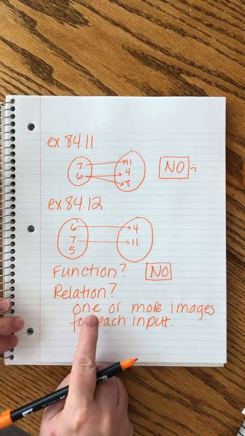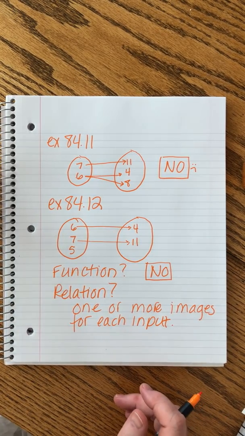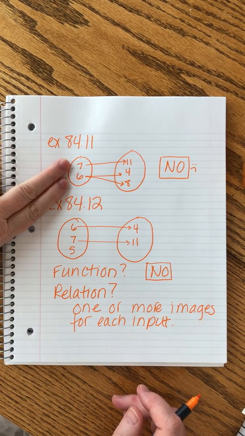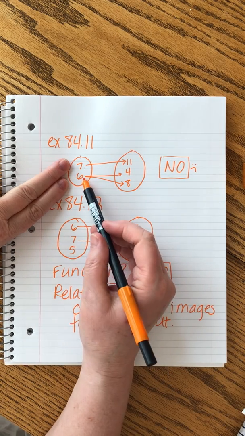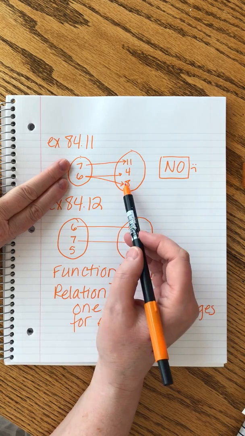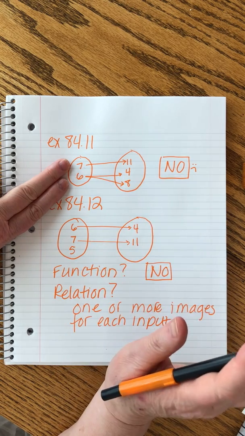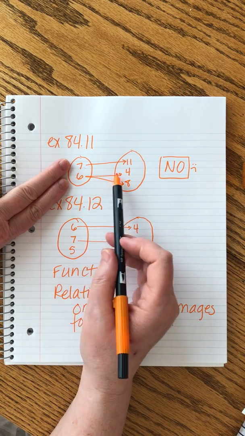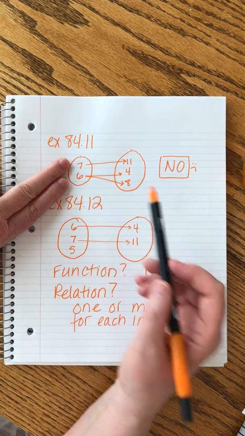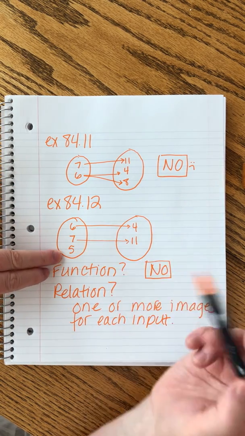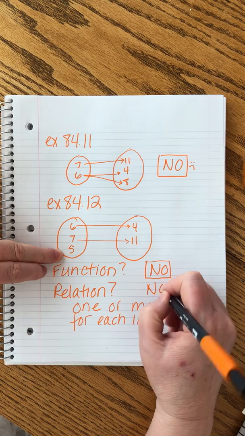A relation is kind of like a broader category than a function. A relation would include situations like this, where 6 has 2 images, not just one. So we know it fails the function test, but at least it's called a relation because 6 does have a buddy. 5 has no one. So 5 is not a relation either.